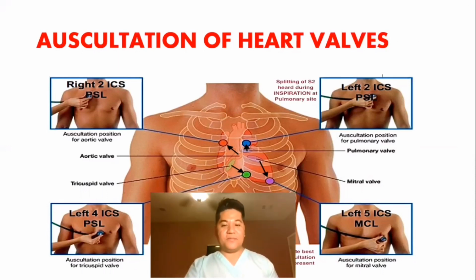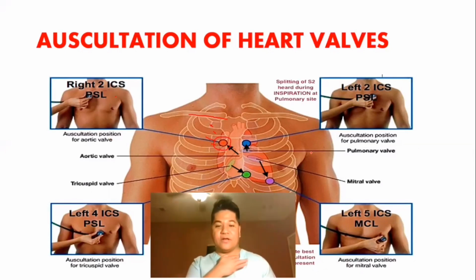The aortic valve can be auscultated from the right second intercostal space. Okay, remember that. Here, from your clavicle, 1 and 2, that is your second intercostal space, where you can get your aortic valve auscultation.